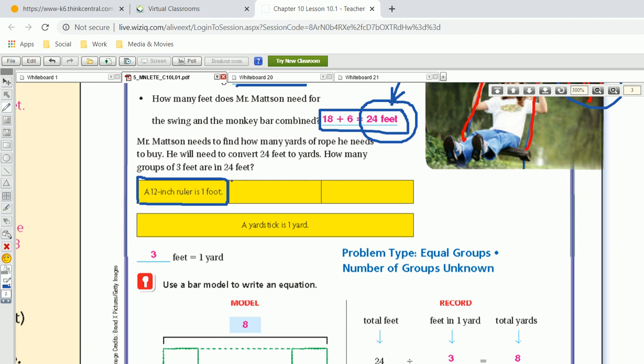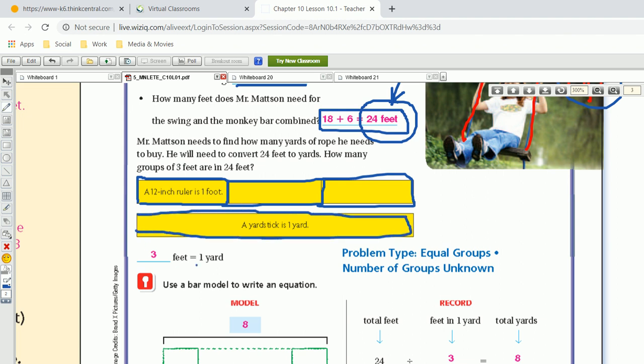We have to put 3 beside each other to get 1 yard. So from this we discover that 1 yard equals 3 feet, or 3 feet equals 1 yard.